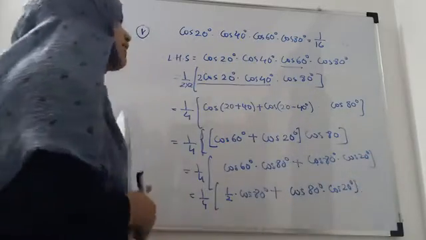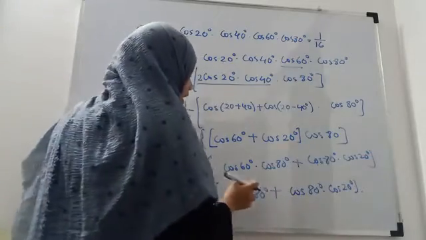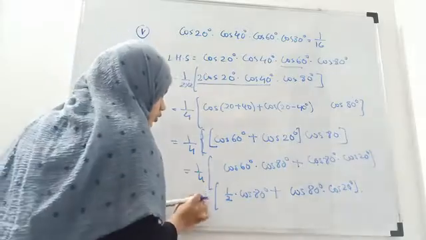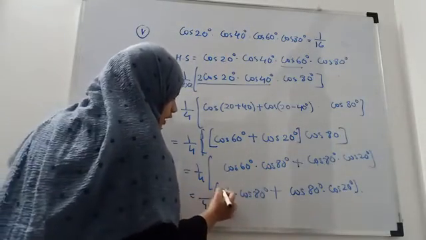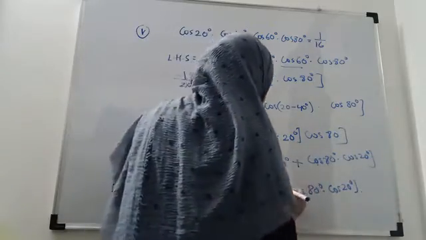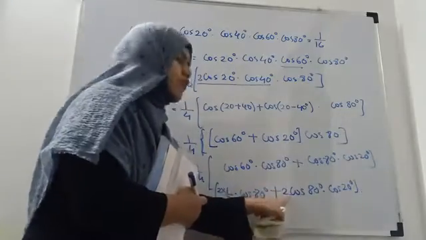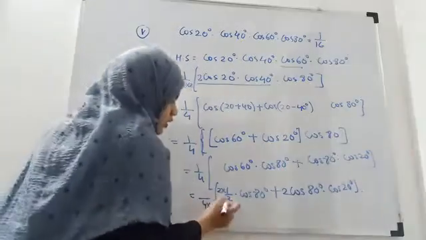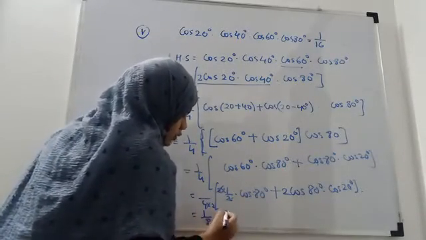So we'll adjust 2 over there. For that we have to multiply and divide by 2 in the whole expression. So here it will be 2 into 2 and here also it is 2. Since we are adjusting 2 here, we need to multiply by 2 and divide by 2. So here 2 and 2 get cancelled, and we are left with 4 into 2, which is 1 upon 8.